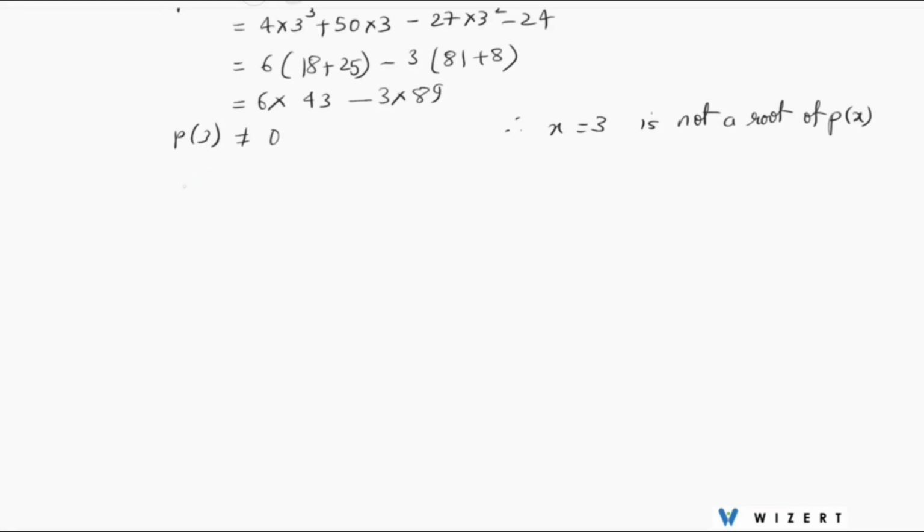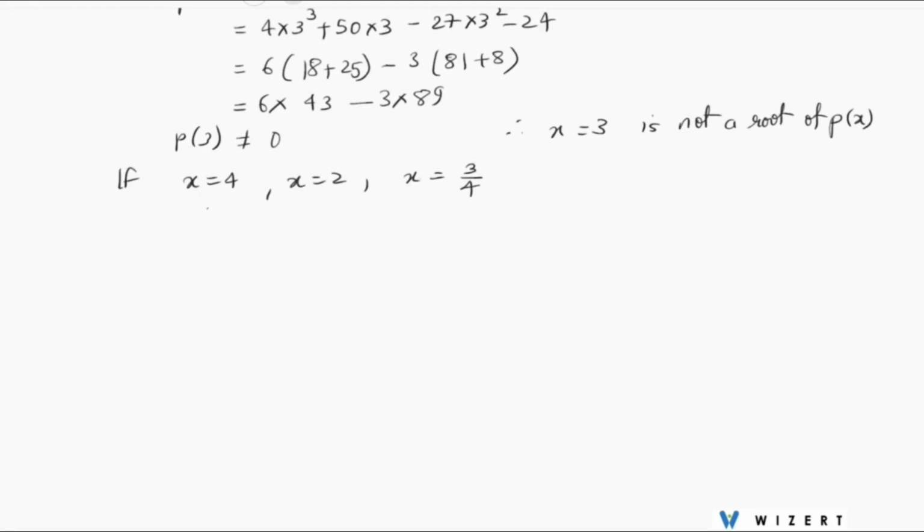So let's see, if x equal to 4, x equal to 2 and x equal to 3 by 4 are the roots, then we will have x minus 4, x minus 2 and 4x minus 3 as factors by factor theorem.